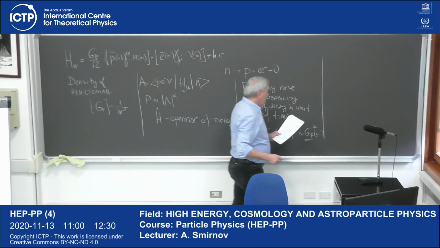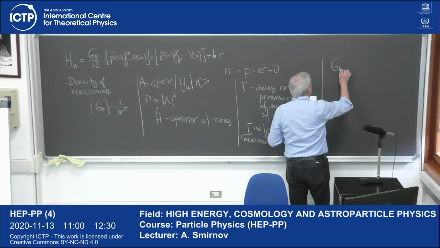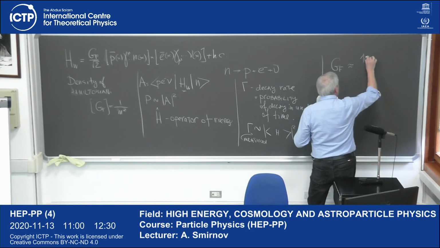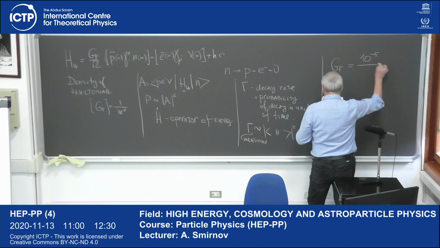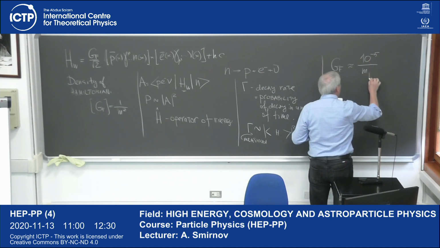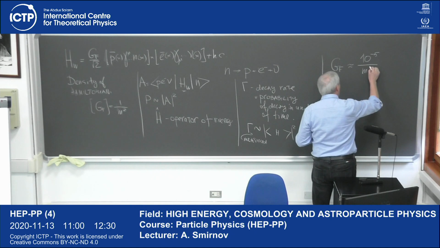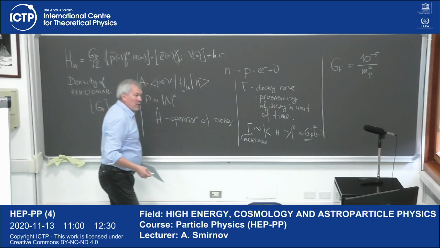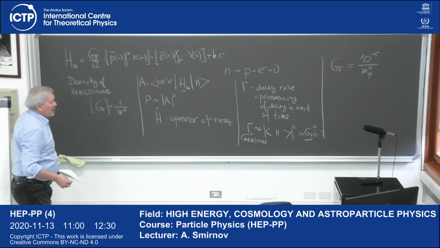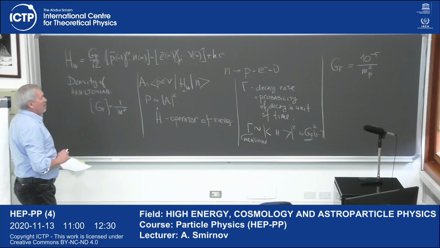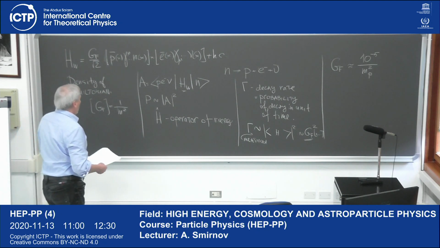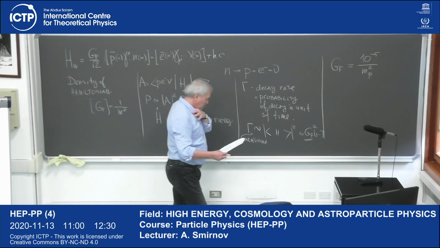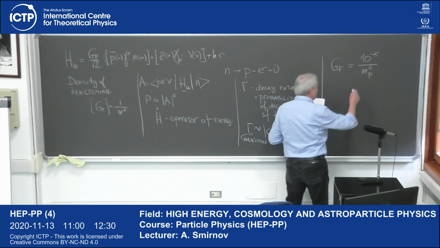What has been found is that G Fermi can be represented approximately as 10 to the minus 5 over the mass of the proton squared. So it's easy to remember: the numerical value of the G Fermi constant is 10 to the minus 5 over the mass of the proton squared. And so we have the correct dimension. So this is the proton mass.